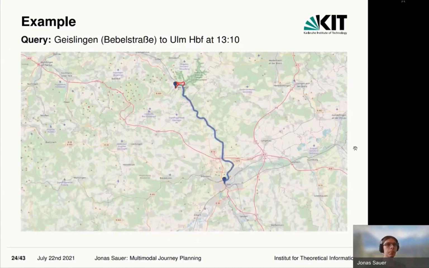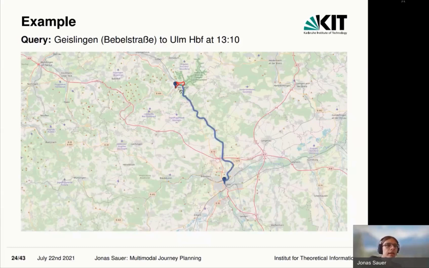Okay, but of course it's not zero, and there are still examples of queries where we need intermediate walking to improve our arrival time, and the intermediate walking leg is longer than, say, 10 minutes. So this is a real world example.